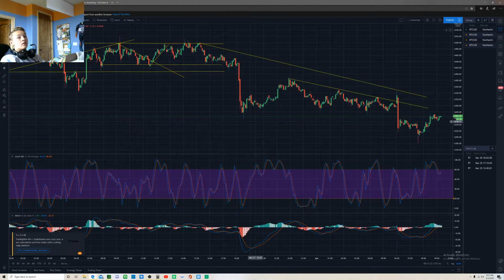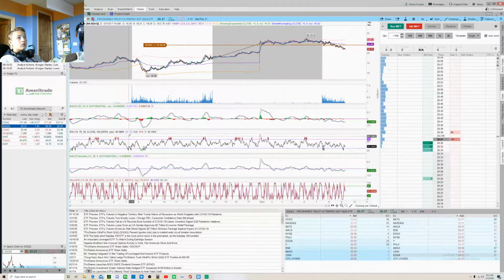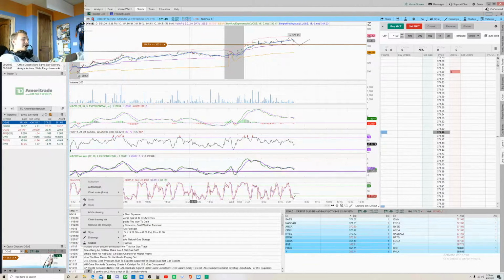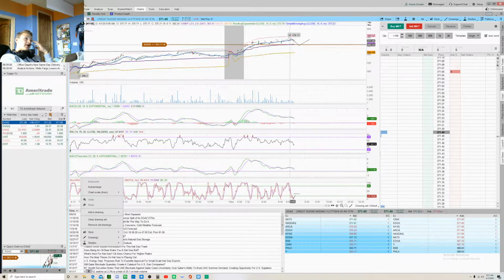Literally nothing is happening today. I mean, it's going up, but you can see on the stock RSI it's already at the bottom, so it would have to go up.